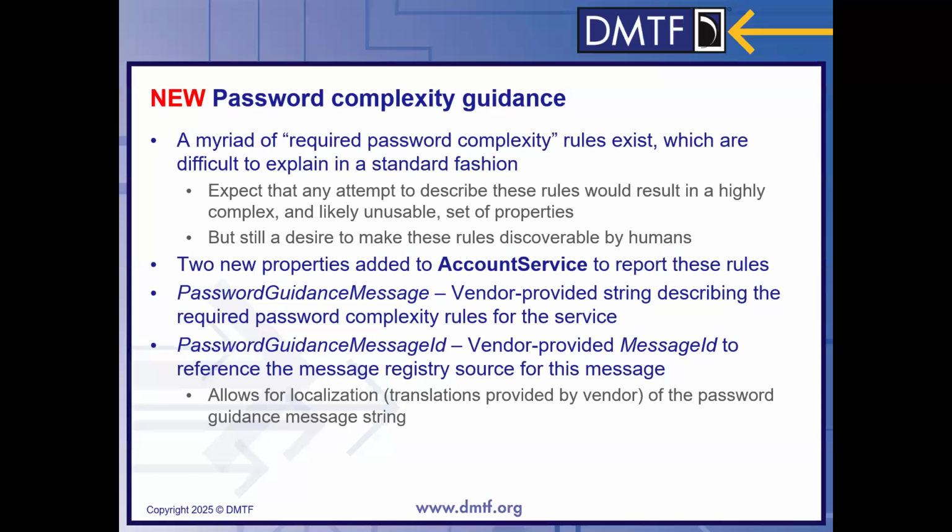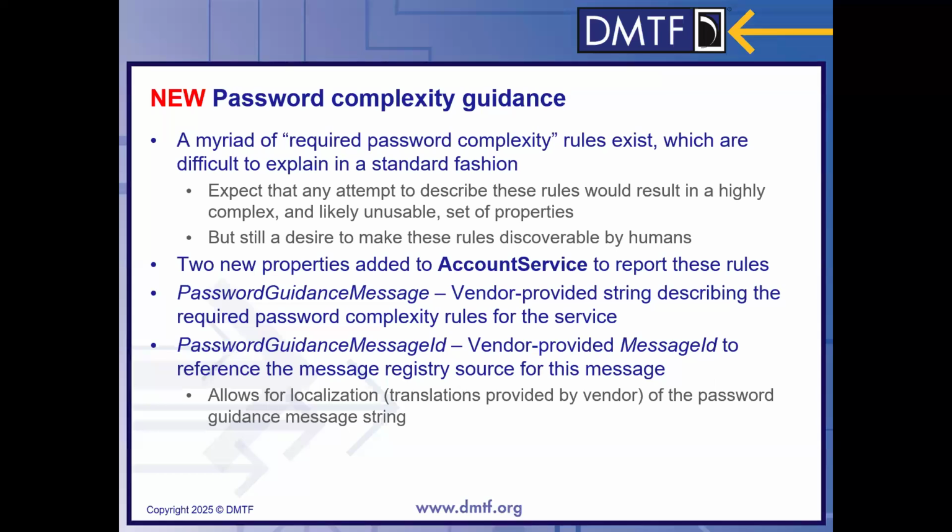This is just an open text string that the vendor can provide that explains to the user what those requirement rules are. The second property is a password guidance message ID. This is the message ID and effectively a reference to a message in an OEM specified message registry that provides that text that was shown in the password guidance message.